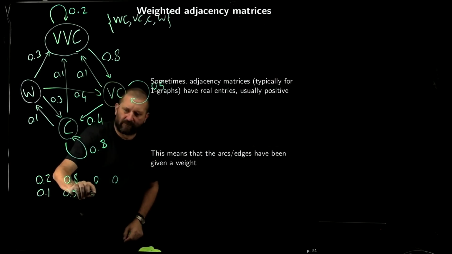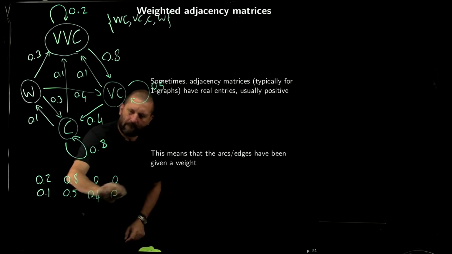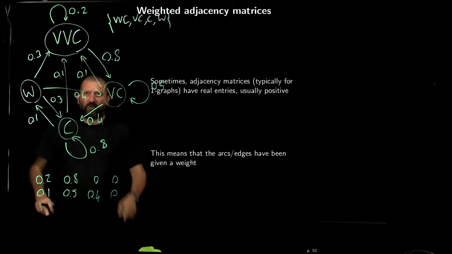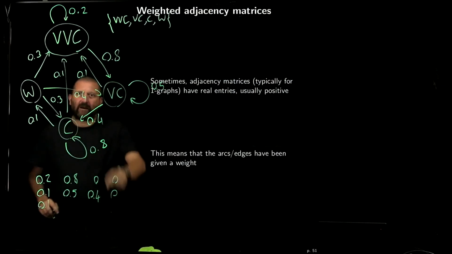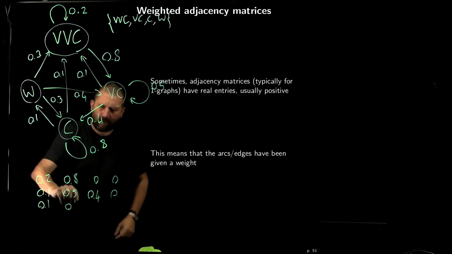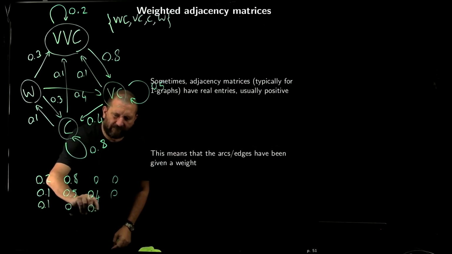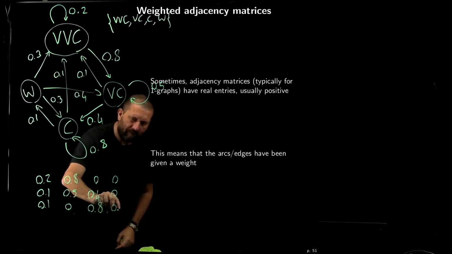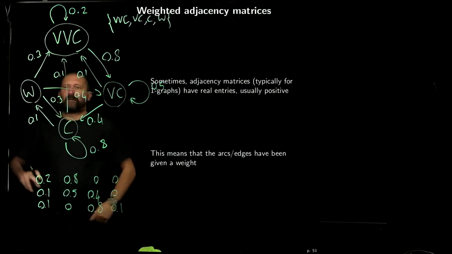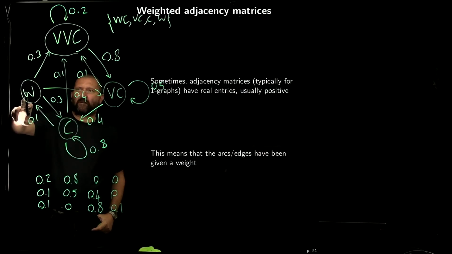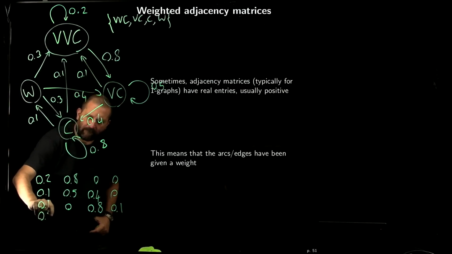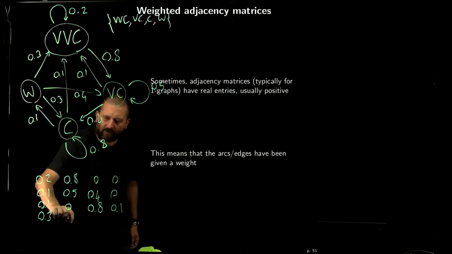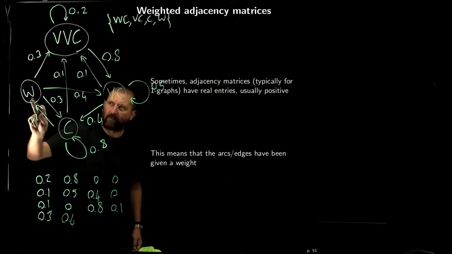Then I have 0.4 here. From here I have 0.8. I can move here with 0.1 probability. I cannot move here. I can stay here with 0.8. And finally, I need to do them in this order: I have 0.3 here, I have 0.4 here, and 0.3 here.